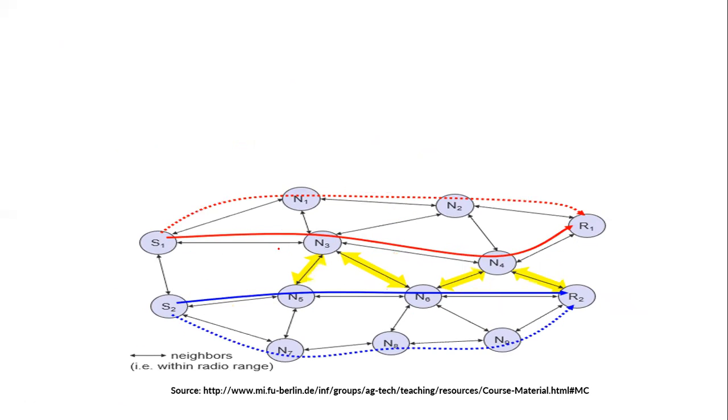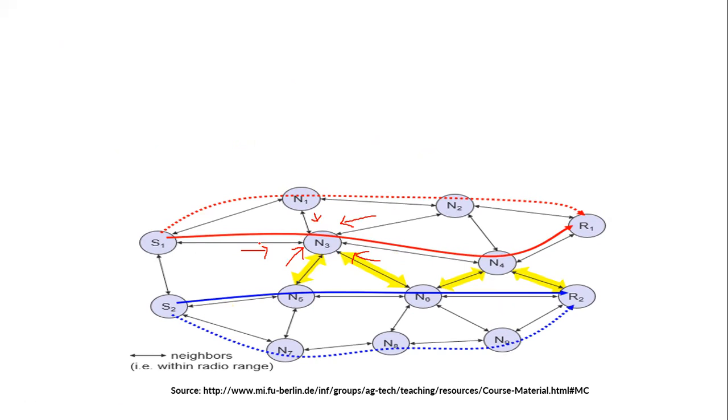Just see, node 3 can overhear whose communication? Node 3 can overhear the communication of S1, N5, N6, N2, and also N1.